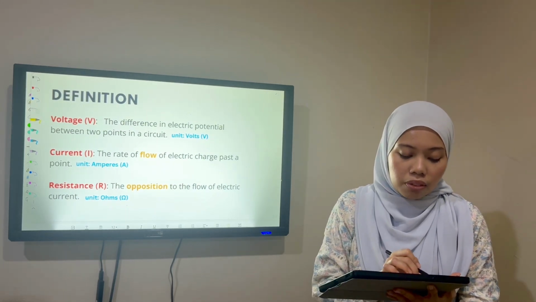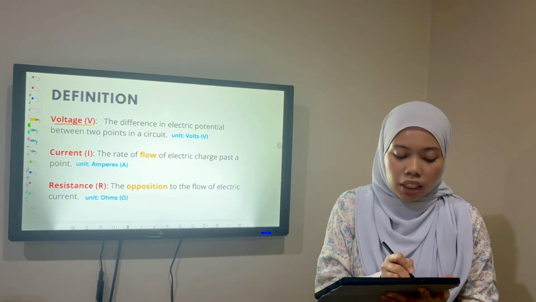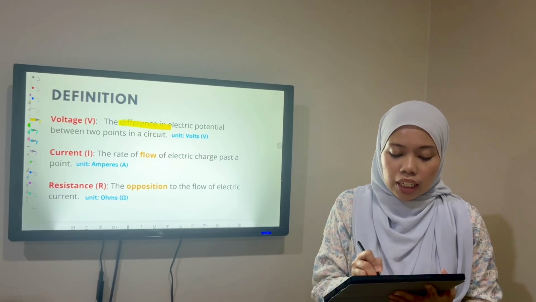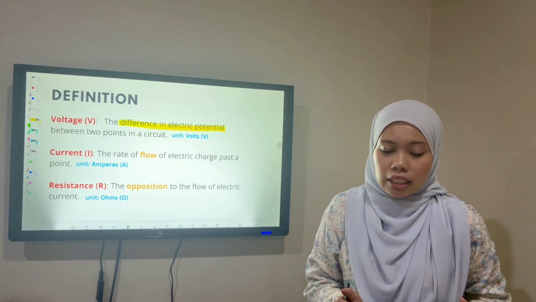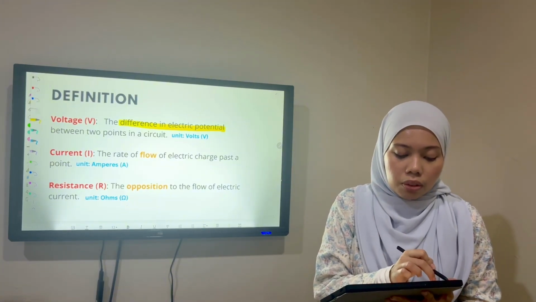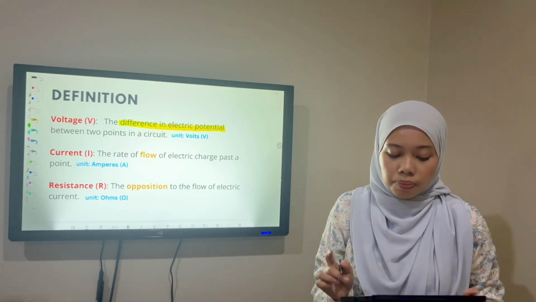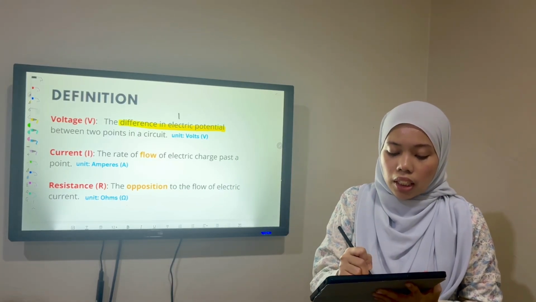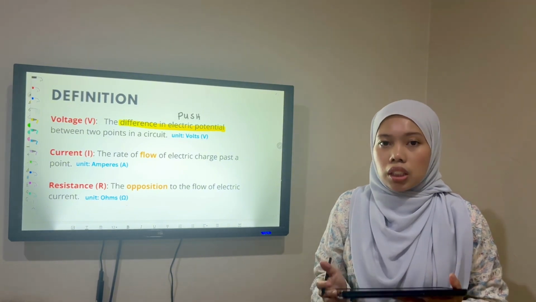First variable we have is voltage. We denote it as V, where it is the difference in electric potential between 2 points in a circuit. You have to know that the difference in electric potential that I already highlighted on the slide is actually a push of the charge.